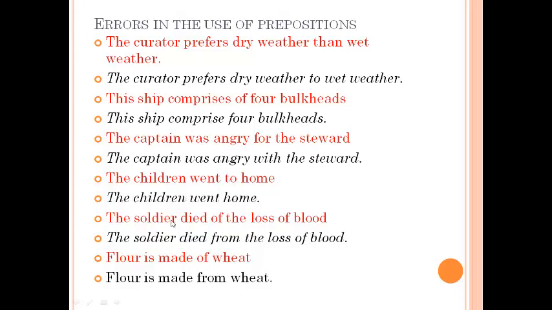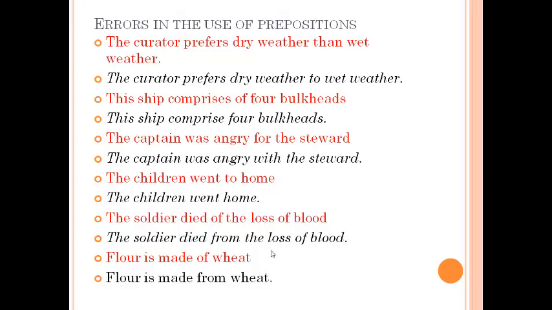Next sentence: "A soldier died of the loss of blood." What is the corrected one? "The soldier died from the loss of blood." What is the condition? When one dies due to an illness, died of is used. When one dies due to some other cause, died from is used. That's why we used died from here.